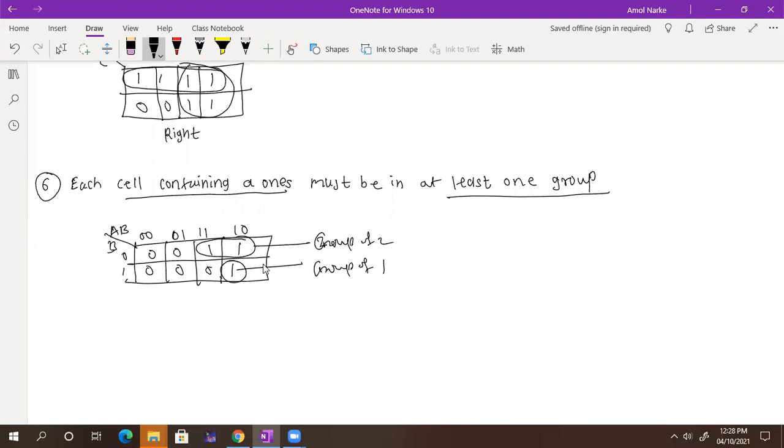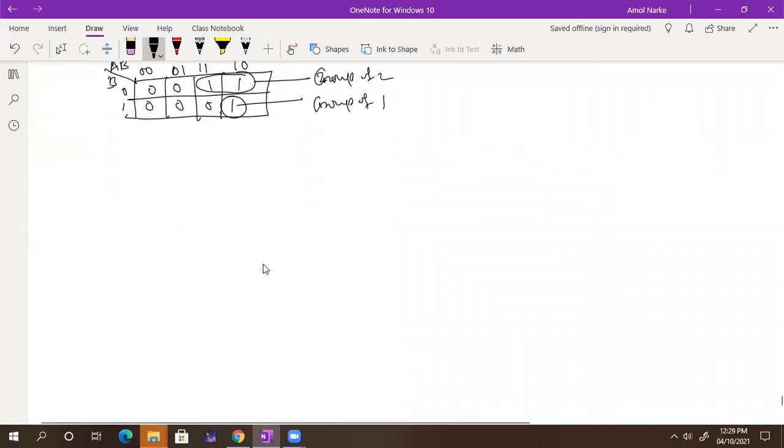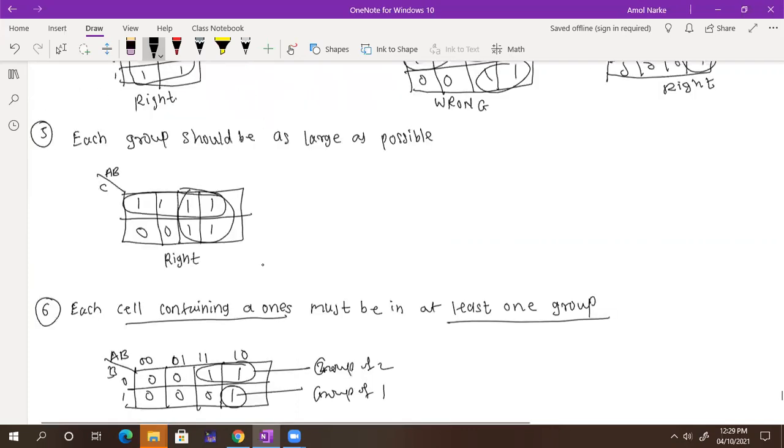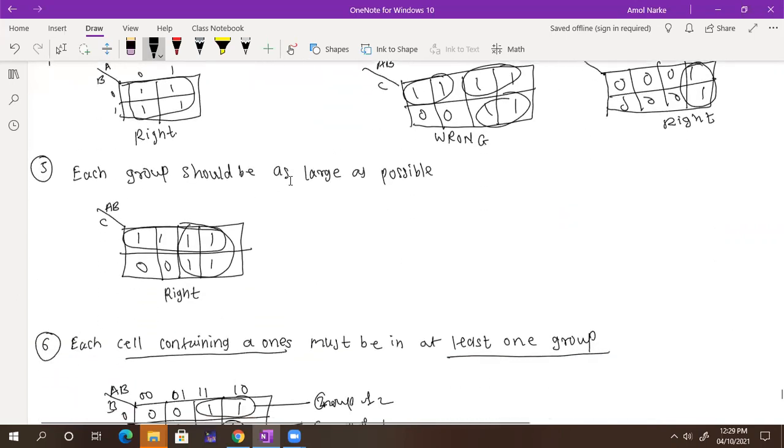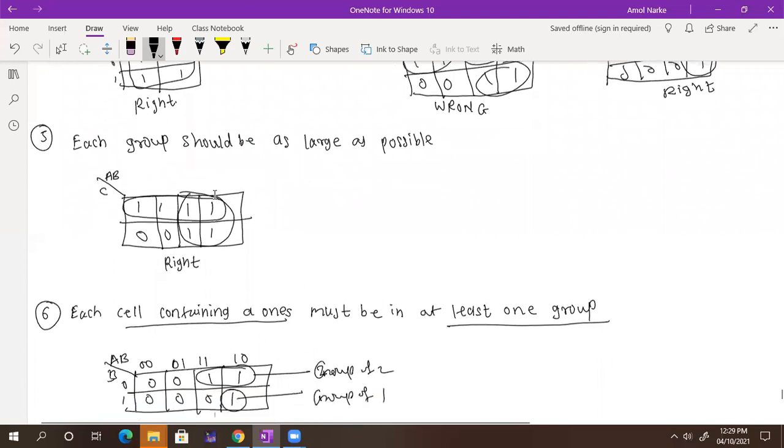So see here what we have: no zeros are allowed, no diagonal elements are allowed, only power of 2 cells come in each group. Whatever the grouping size is, it should be as large as possible, so 2, 4, 8, 1.